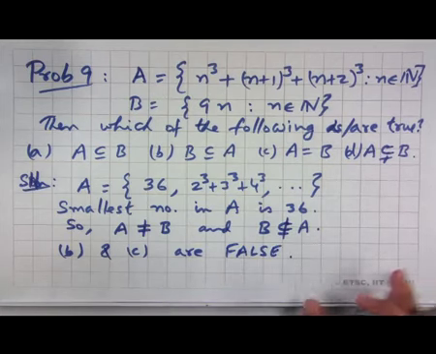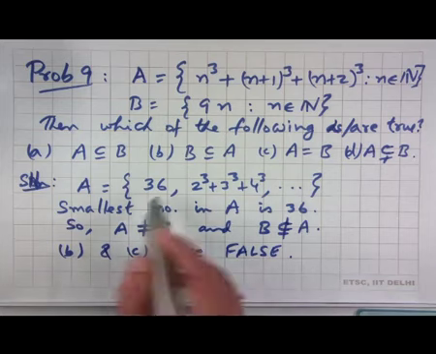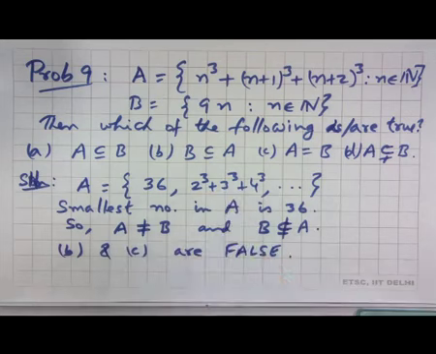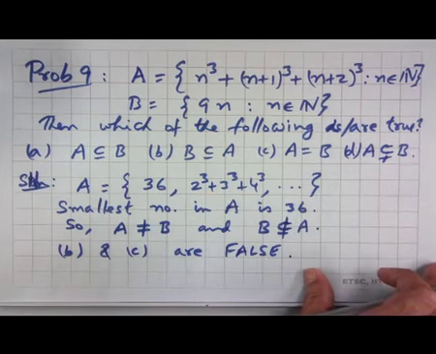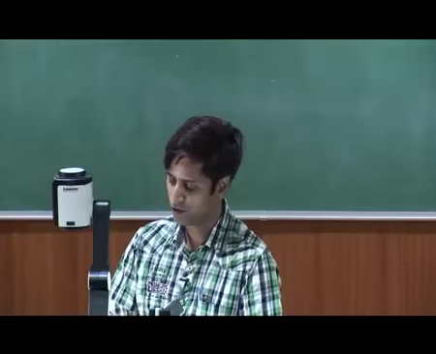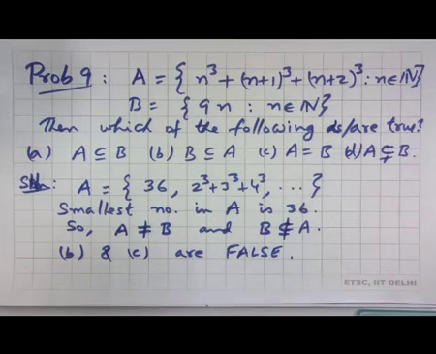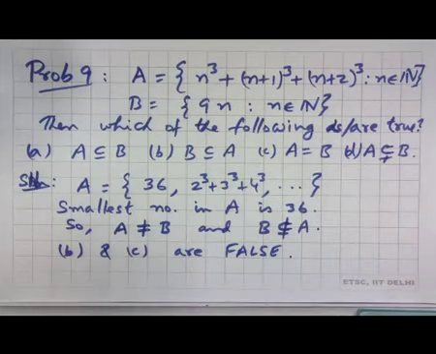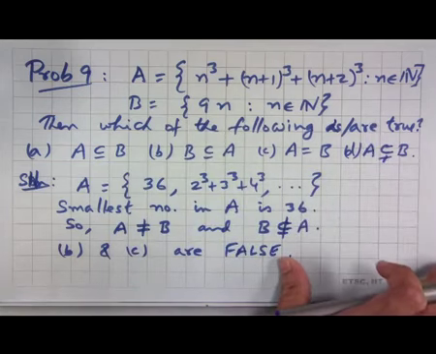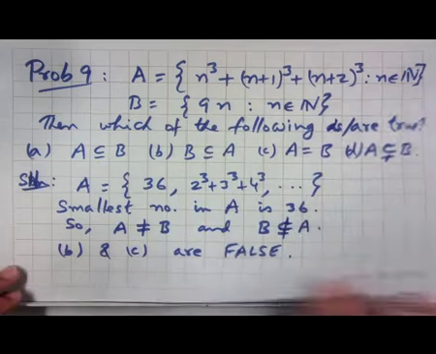Is A a subset of B? The first element 36 is a multiple of 9. The next one again, if you calculate, you can see that that is also a multiple of 9. So, it seems like all these numbers n cube plus (n plus 1) cube plus (n plus 2) cube are multiples of 9. But how do we prove that?